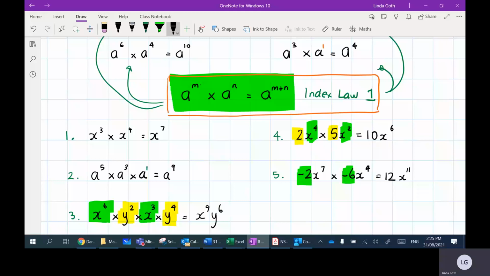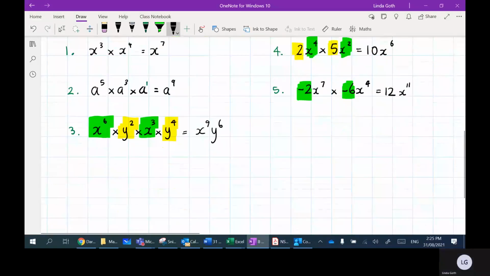Let me give you 3 more questions to try on your own. So question 6 is x to the power of 5 times x to the power of 7. Question 7 is b squared times b to the power of 5.